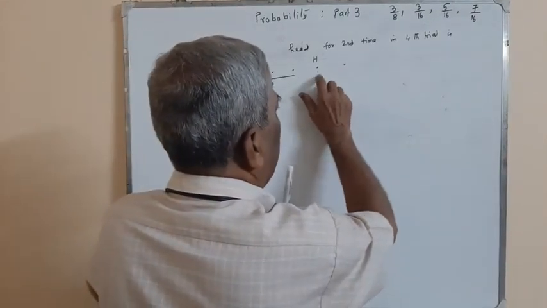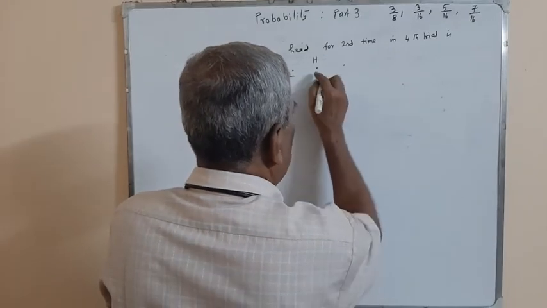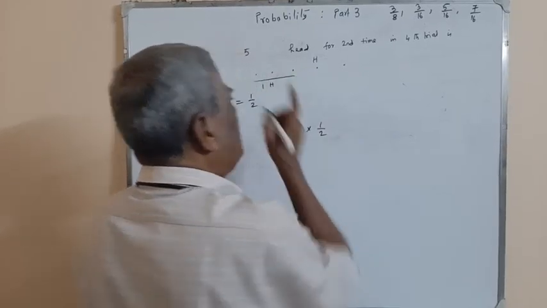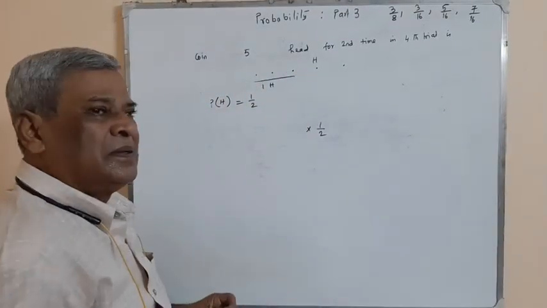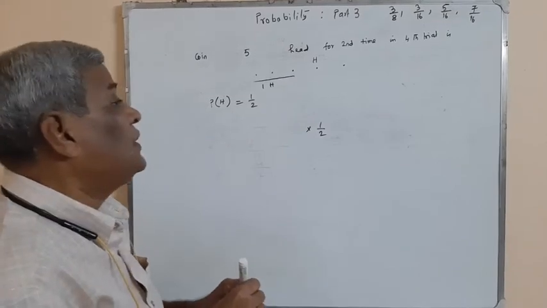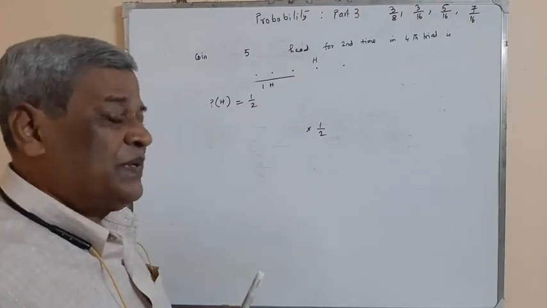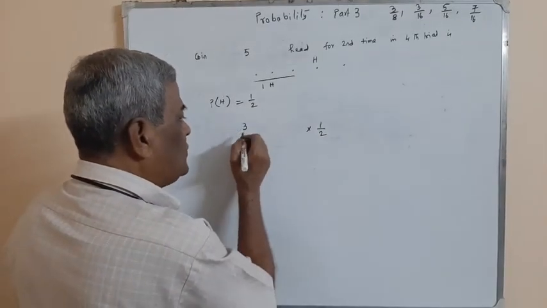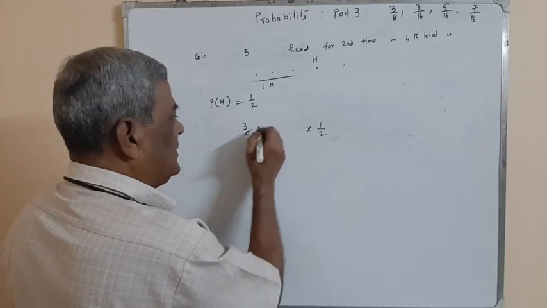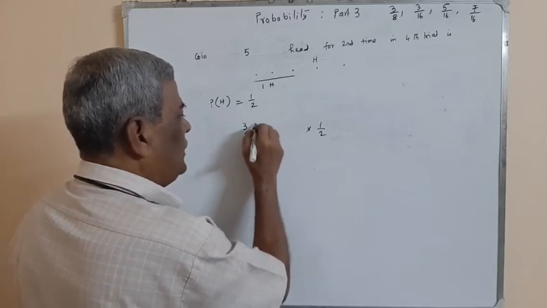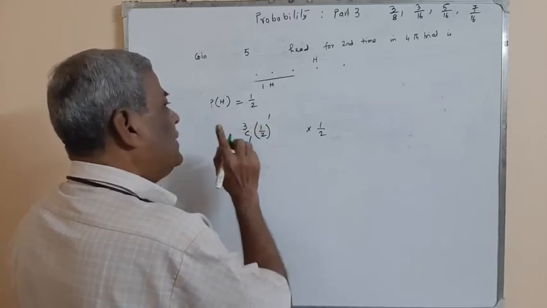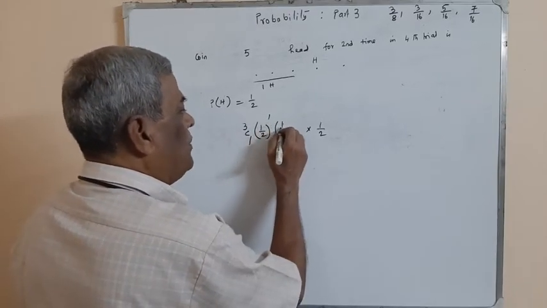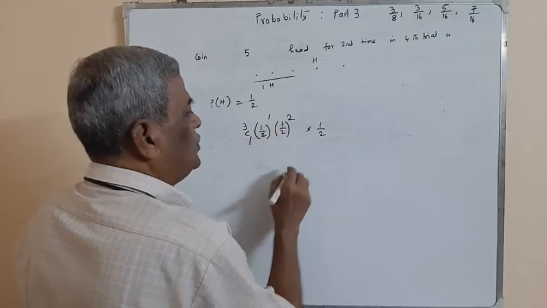In the fourth trial, there is a head. Before that, in the first three trials, one head must be there, and it is a binomial distribution. So out of three trials, one success, that is half to the power 1, and two failures, each half, so half to the power 2.